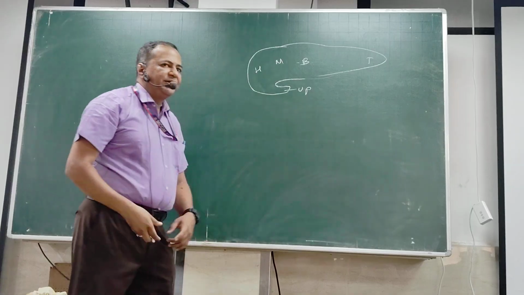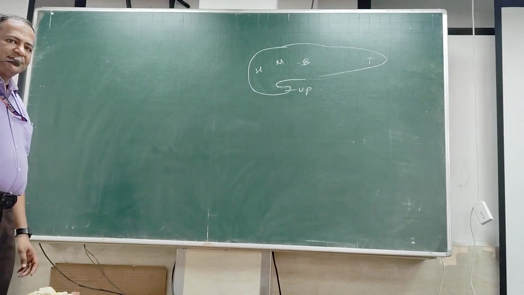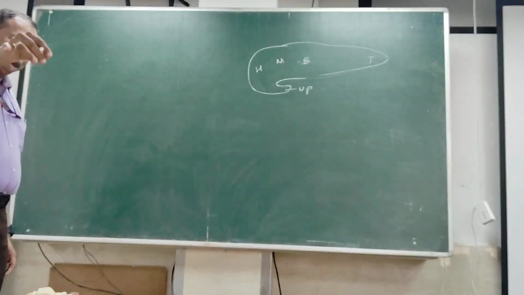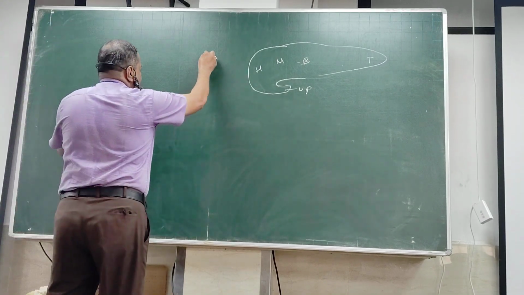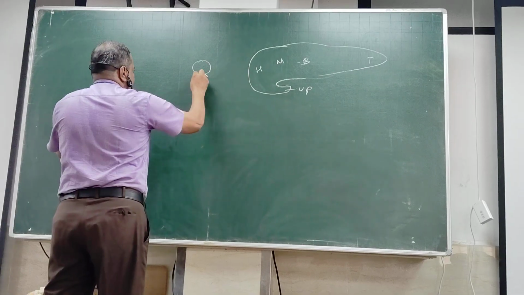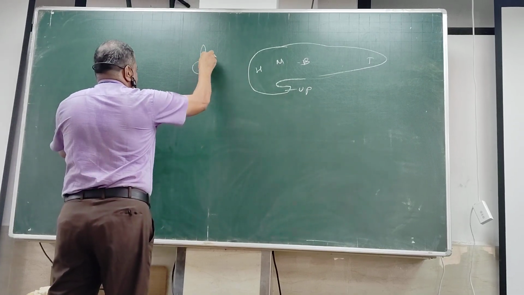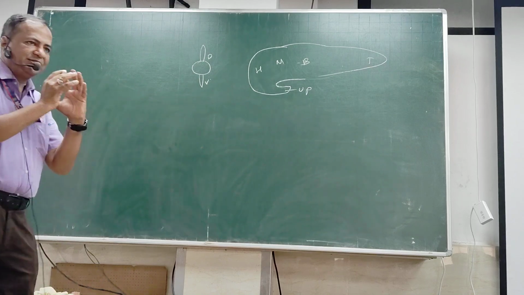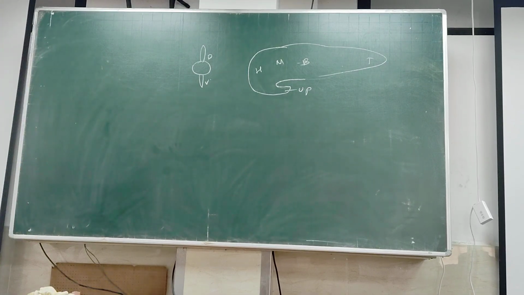Now let's talk about the development of the pancreas. The pancreas develops, if you take a cut section of the gut, from the ventral pancreatic bud and dorsal pancreatic bud, which develop almost near the junction of foregut and midgut.